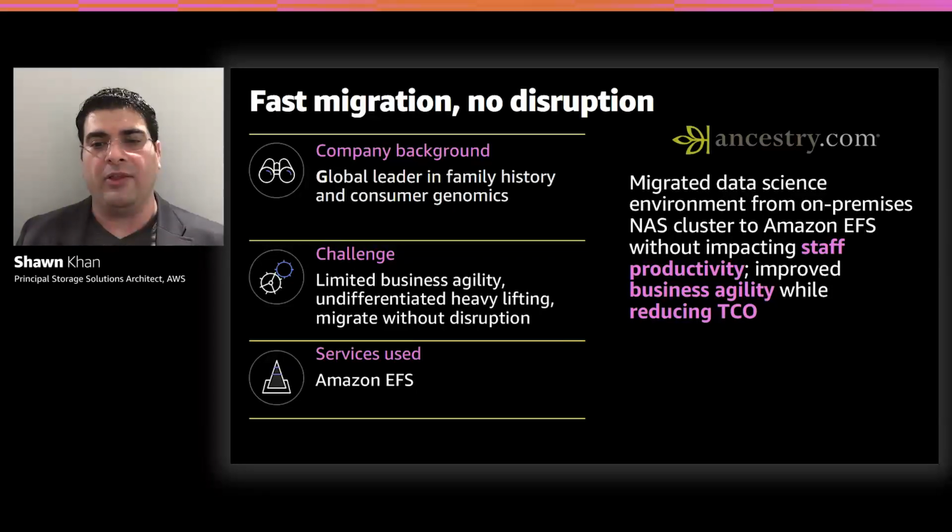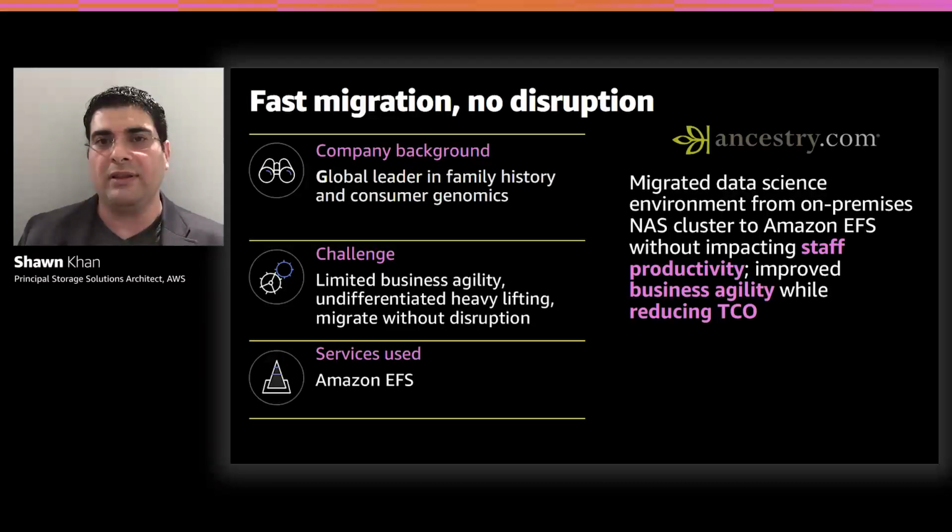Their genome analysis processes are characterized by spiky, unpredictable workloads, which require them to scale compute and throughput quickly, then basically tear it down and then do it again for another ad hoc request.